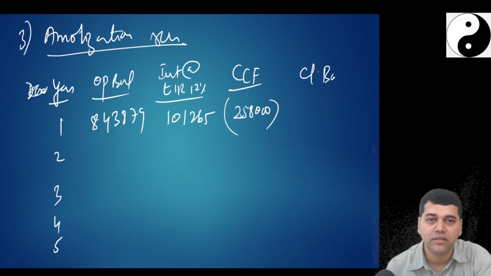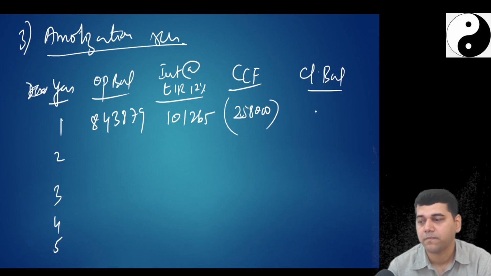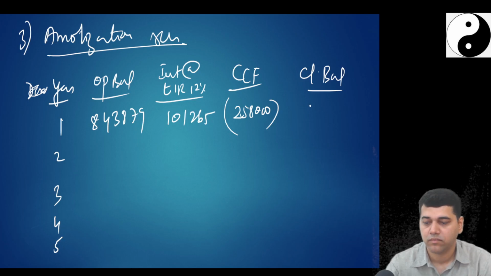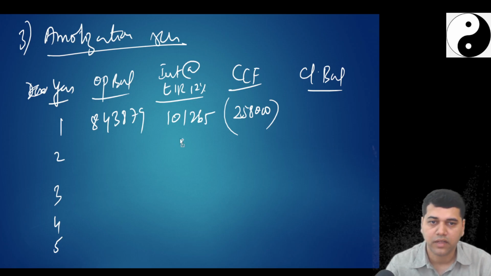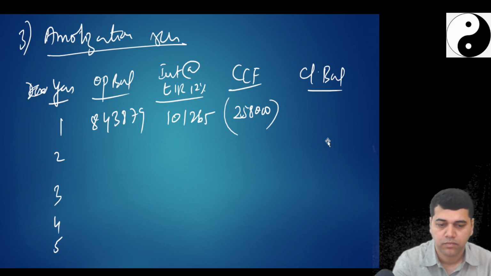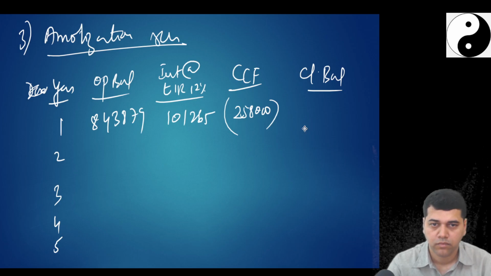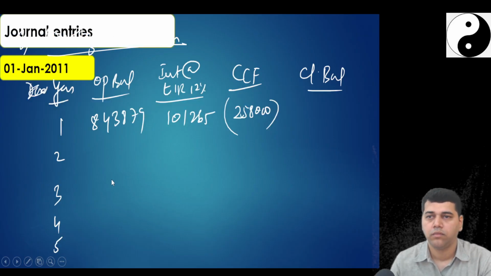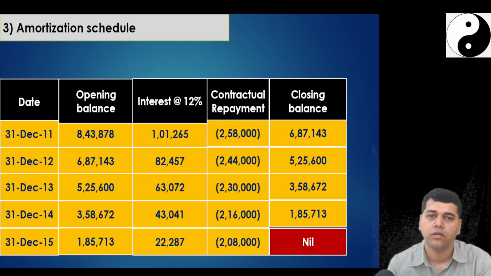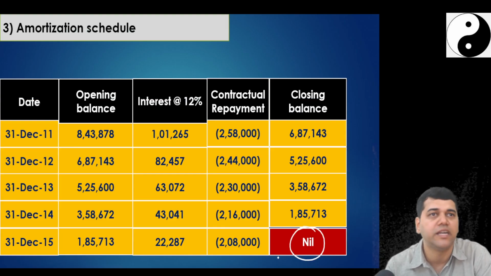What is your closing balance? 6,87,143. Okay, so write nil at the end. You can fill it later.